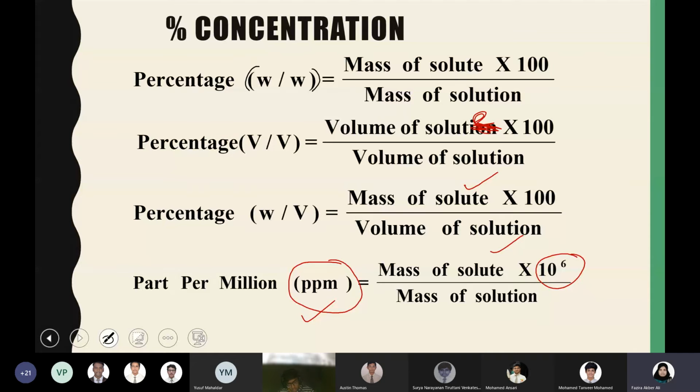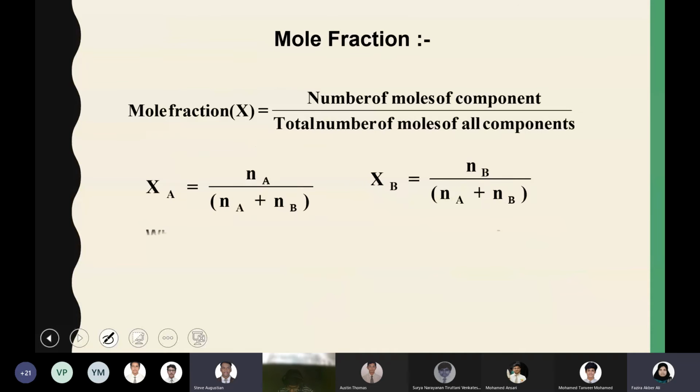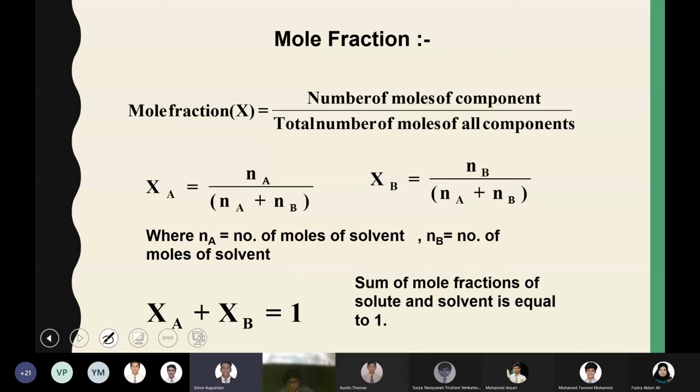What is mole fraction? Is it the number of constituent moles of a component divided by the total number of moles?